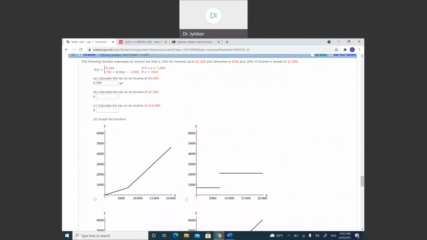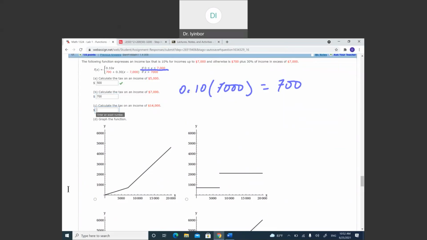So when it's 7,000, that means you have less than or equal, so you're going to use the first function also. So here I need to do 0.010 times 7,000, which gives me 700. So my answer is 700. And then the last one is 14,000.